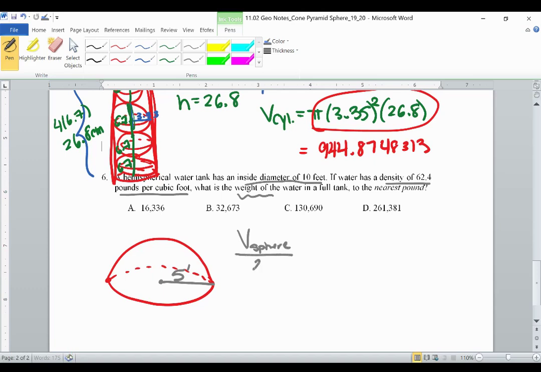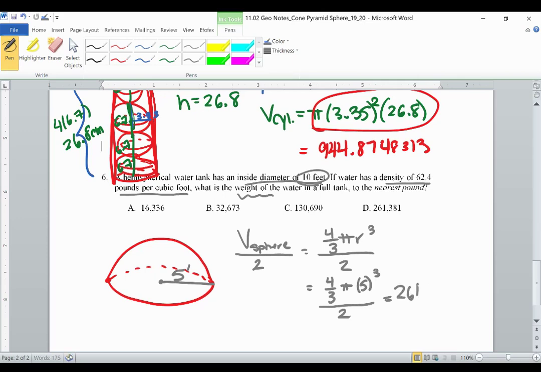So we're just going to take the volume of a sphere and divide it by 2. We've got our formula for the volume of a sphere, 4/3 pi r to the third, and we're going to divide that by 2. Let's substitute in: 4/3 pi, we said our diameter was 10 feet, so our radius was 5, cubed. Type that into your calculator, pause the video, and see if you get the same as me.